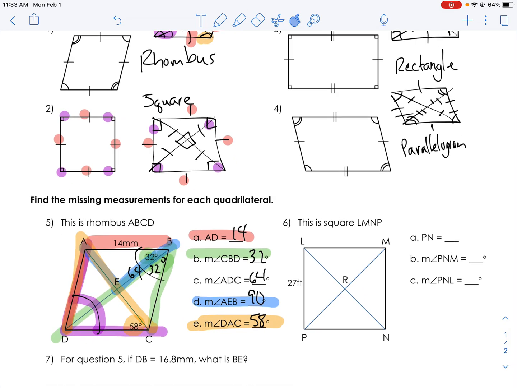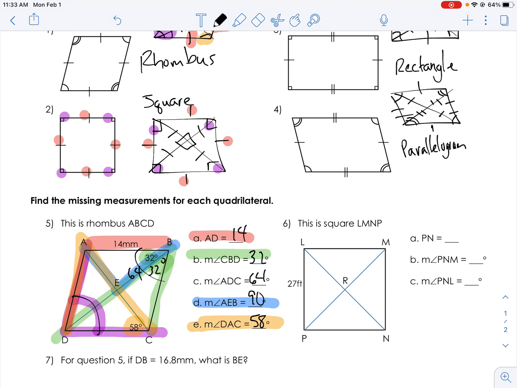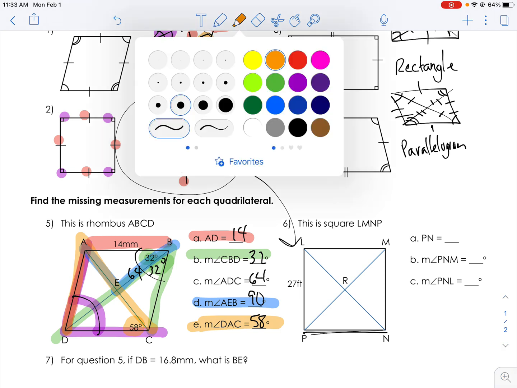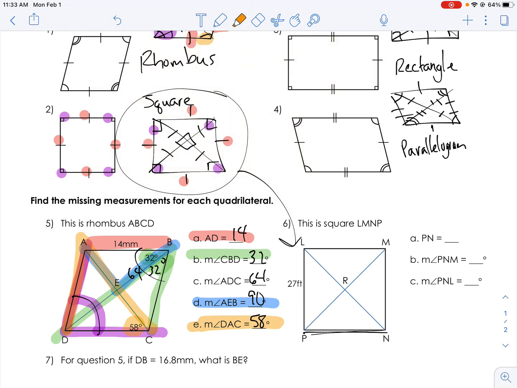In a square, and again, I'll use this picture right here for this one, just like I used the rhombus for this one. PN, right here. Sorry. So, all of them are the same, so those are both 27.